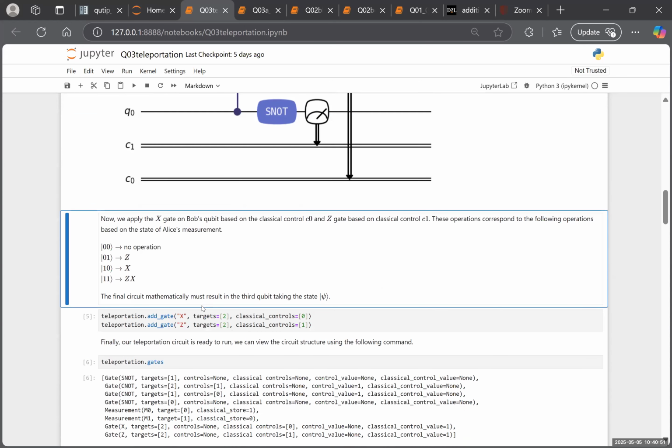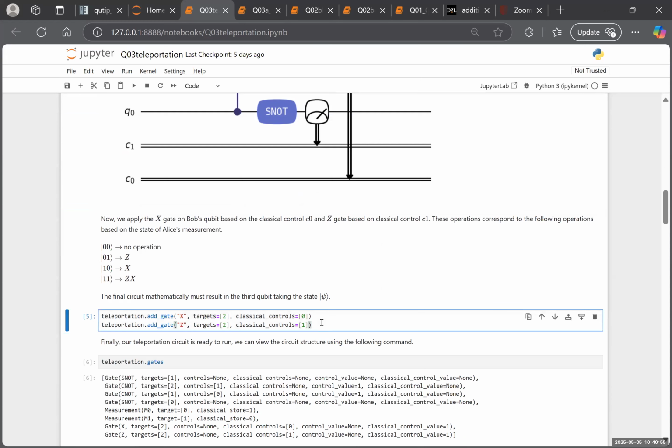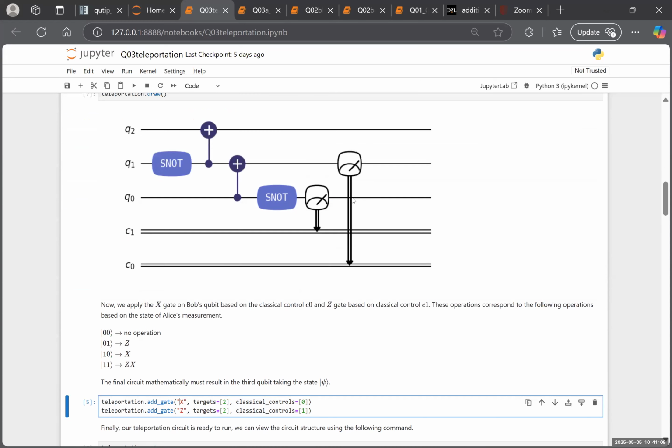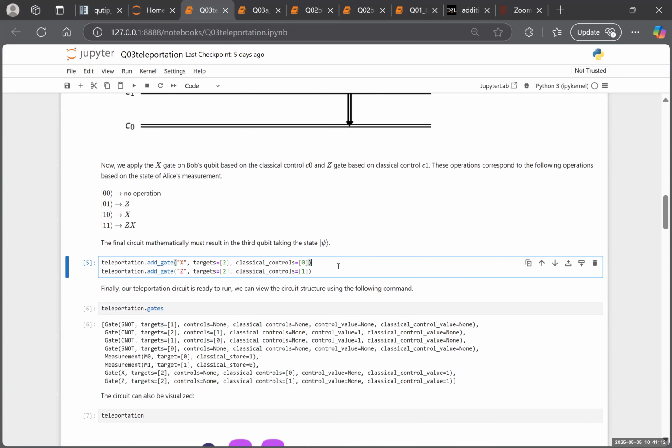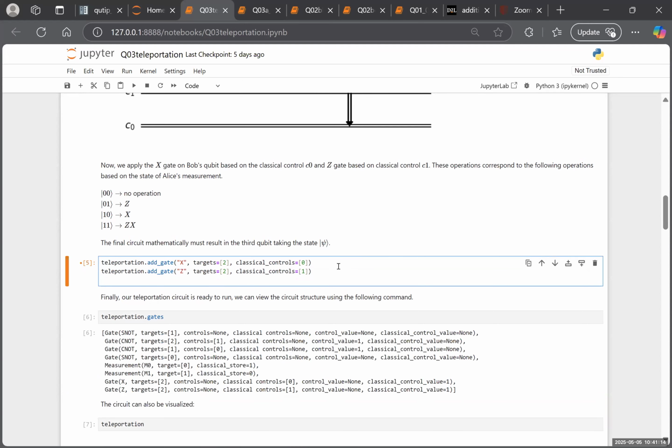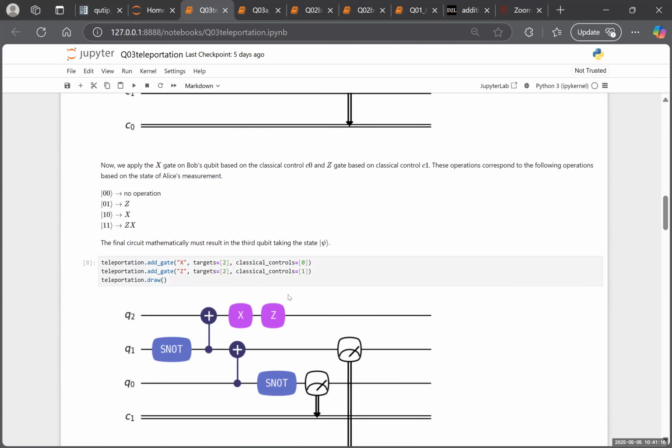Then you apply the corrections. And in the QuTiP QIP package, you could use the classical control. You want to apply X to target 2. So now we just have the measurement, but we want to do the correction. So let's do this here and draw it.